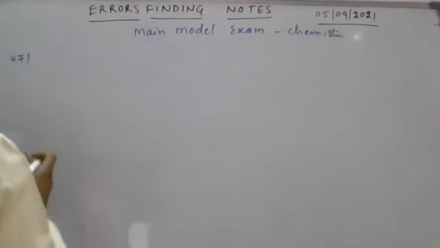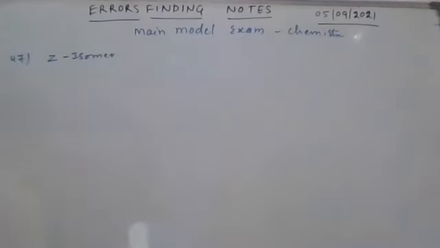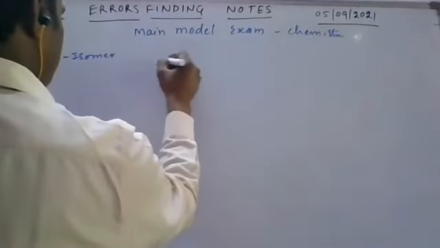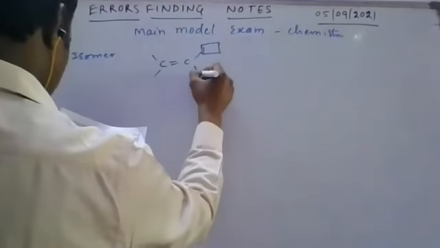Question number 47. Identification of Z isomer. Z isomer means the same priorities on the same side of the restricted rotation. Look at the structures.